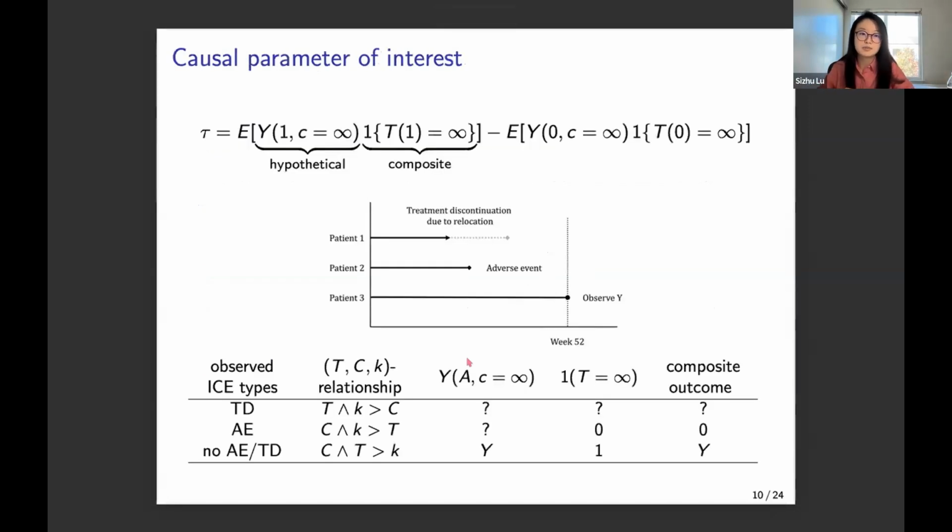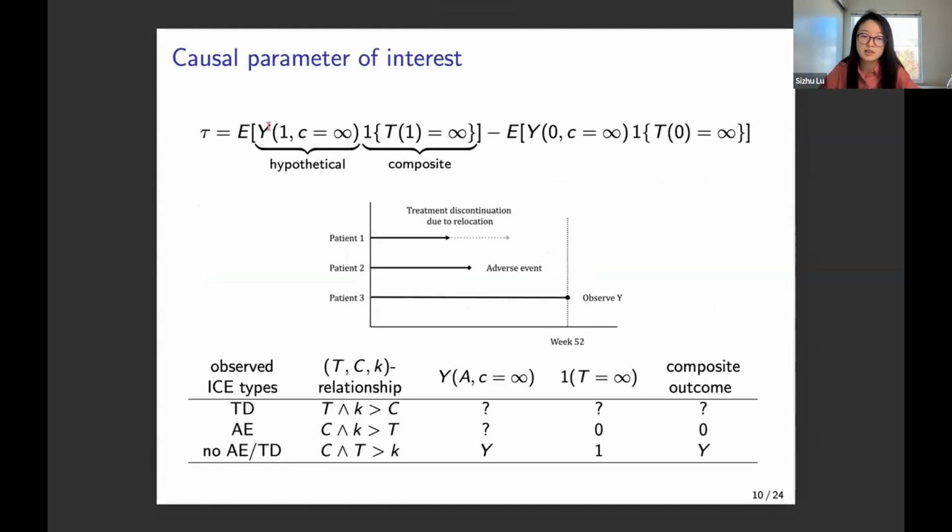So now I'll introduce the causal parameter of interest, combining both strategies. This tau, the parameter of interest, is defined as the expectation of the difference between 2 arms. And for each arm, for example, if we look at the treated arm, we are actually constructing a composite variable that consists of 2 parts.